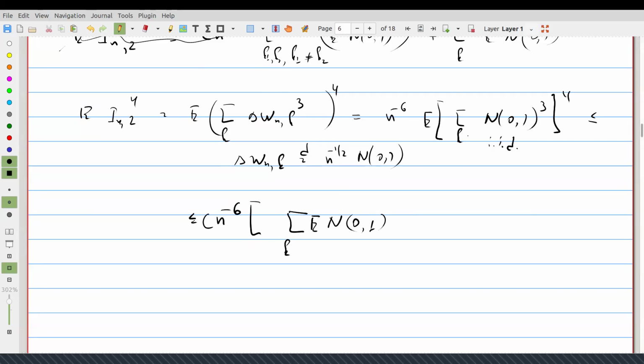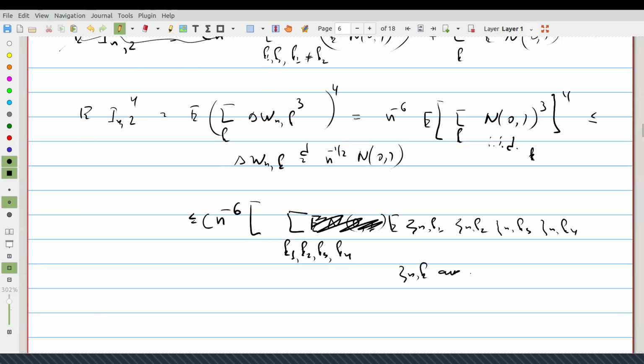Just consider what happens when we multiply k1, k2, k3, k4, psi n k1, psi n k2, psi n k3, psi n k4, mathematical expectation, but all these are identically distributed, independent, and (0,1) to the third power.